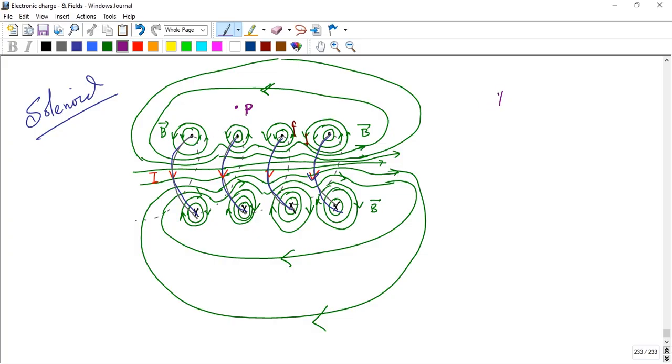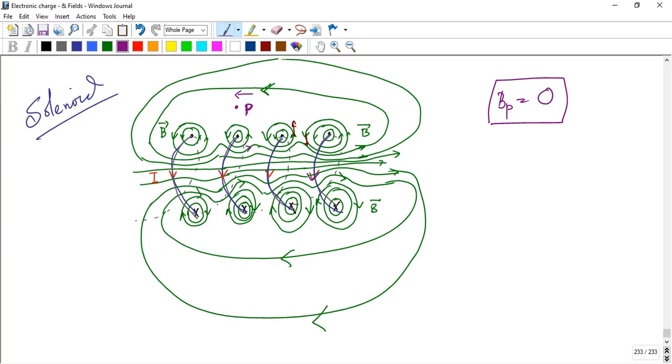So the magnetic field at point P is zero, because, see very carefully, there is a bottom line in that direction and a top line in that direction. If I combine these two, the total magnetic field is zero. So outside the solenoid, in case of an ideal solenoid, the magnetic field is zero.